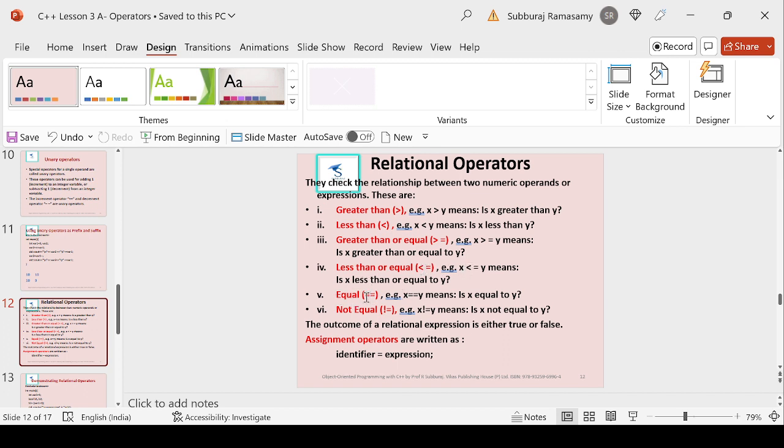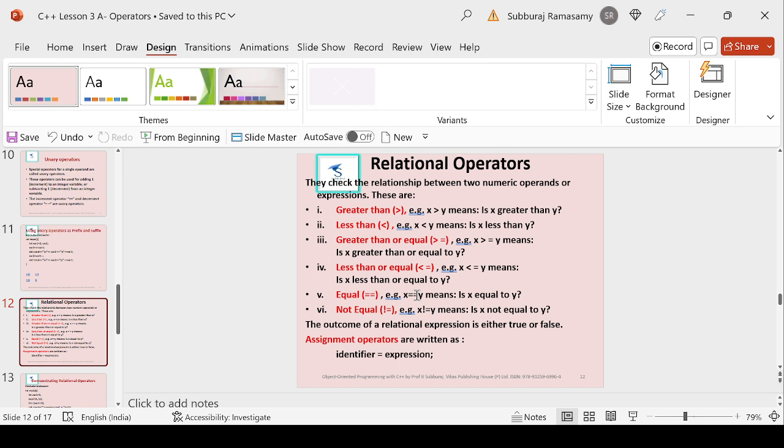Okay. Then equal to, two equal signs. See, when you put a single equal sign, x equal to y means y will be assigned to x. I repeat, if I say x equal to y, then y will be assigned to x. But when you say double equal to, you check the equality between both sides of the operands. x double equal to y means it will check whether x is equal to y.